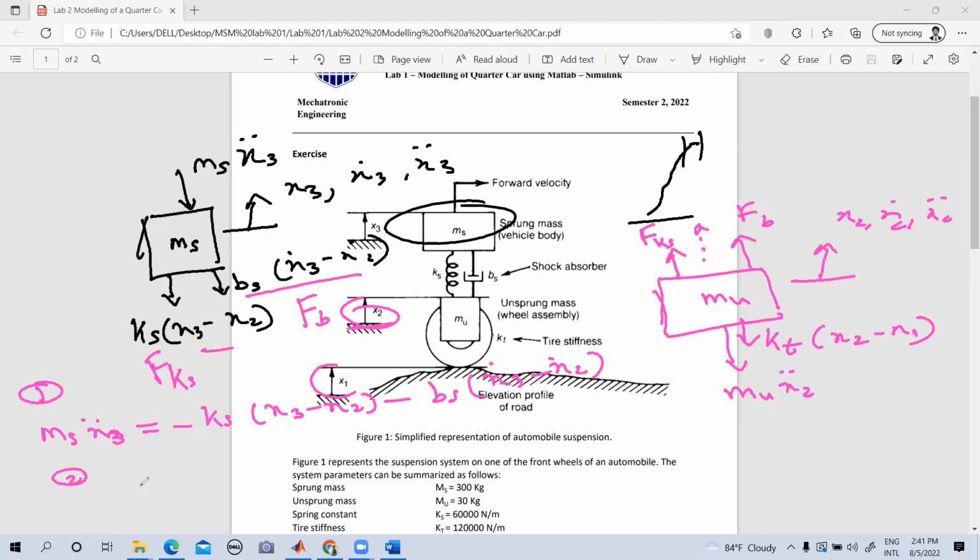For equation 2, we'll get a similar one. You have to substitute these particular values here, but I will use the same format. mu x2 double dot equals f, ks, plus b, minus kt.